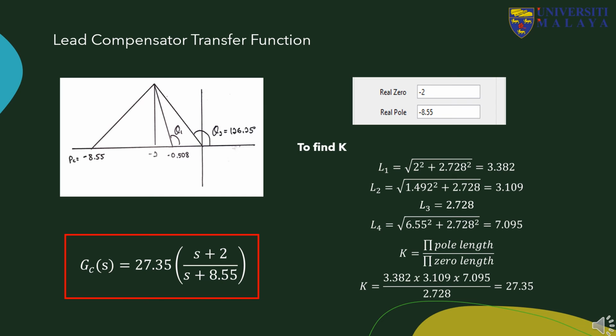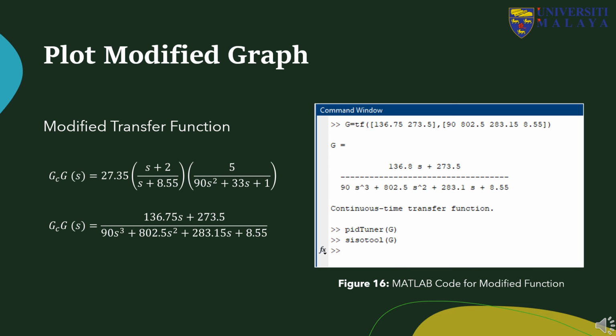The value of K is calculated using the zeros and poles that we get from the compensator editor. Therefore, the lead compensator transfer function is Gc(s) equals 27.35 times (s plus 2) over (s plus 8.55). Then, the transfer function is modified by multiplying it with G(s).